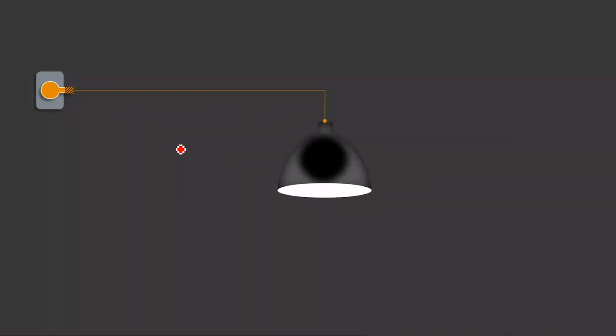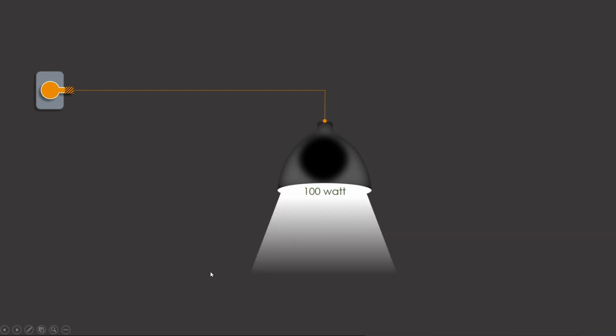But while energy is released, let me take an example. Here is a light. I am going to switch on the light. What is the capacity of the bulb? For example, if I assume it is 100 watt, then 100 watt is the capacity of the bulb.